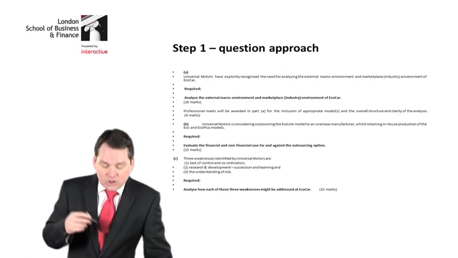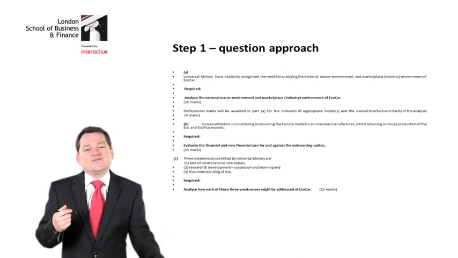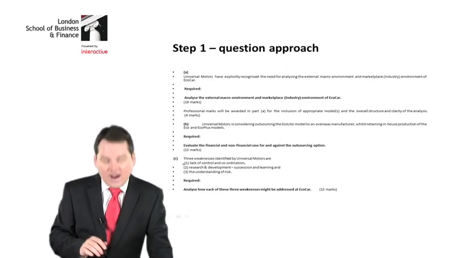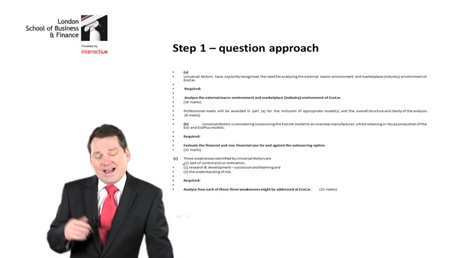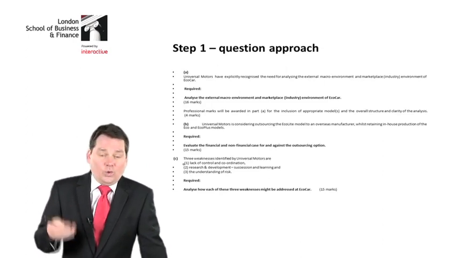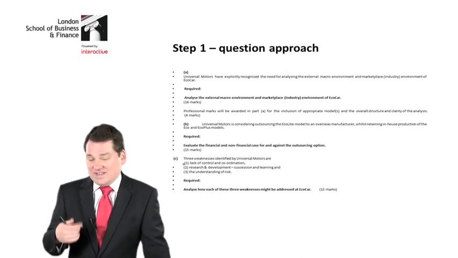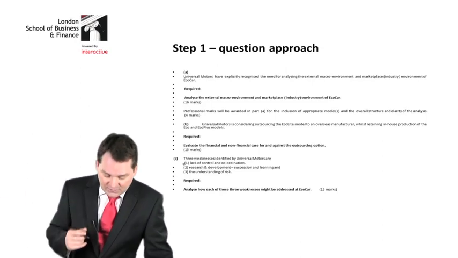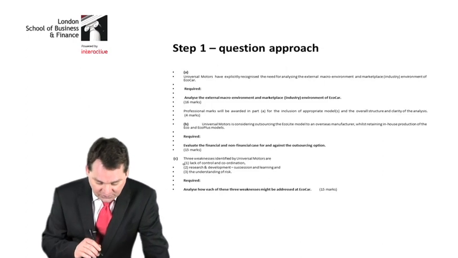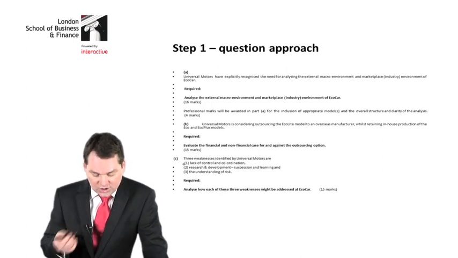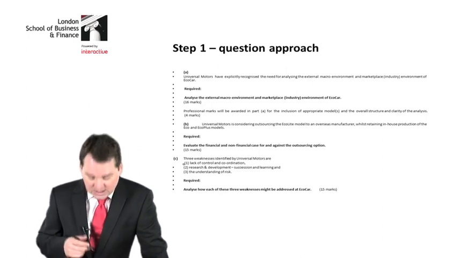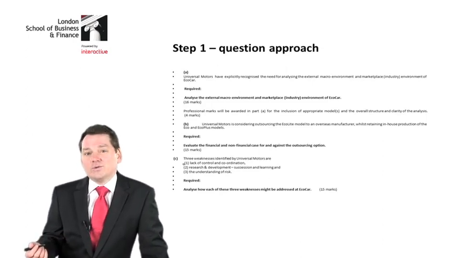Part B, Universal Motors is considering doing some outsourcing, and we have to evaluate the financial and non-financial advantages and disadvantages, the case for and against, whether we think that this is a good idea. And finally, in part C, we have got some weaknesses. They are listed for us: lack of control, research and development, understanding of risk, and the examiner simply says, what could you do about those?